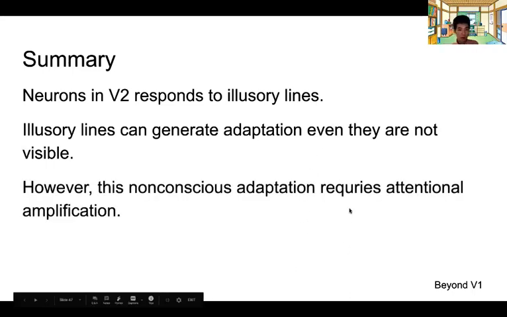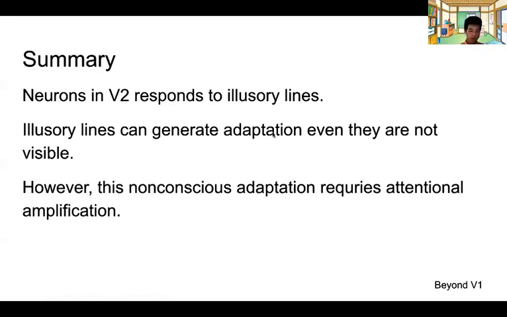However, this non-conscious adaptation effect requires attentional amplification. And here, you are not really trying to see it by attention. I mean, if you try to see it, you can't see it. That's something you can also try with the demonstration in the last video by yourself.